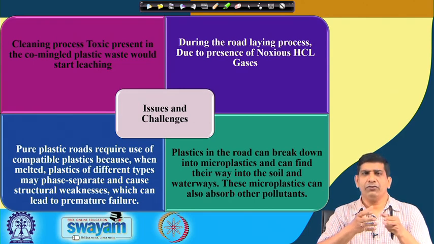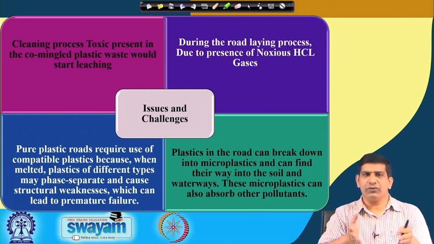Then you can potentially have microplastics making their way to the soil, waterways, and nearby surface water. These microplastics are harmful by themselves, but they also act as an adsorption site for other pollutants, so they carry other pollutants with them. So, as I said, anything we go for, there will always be some challenges.